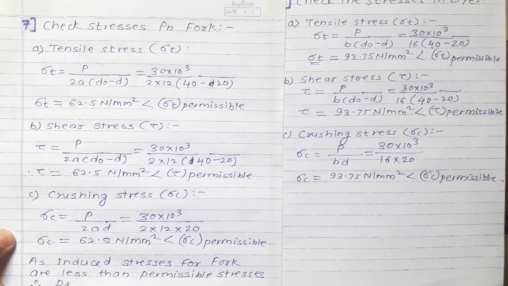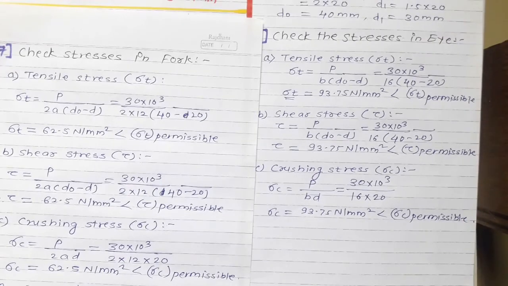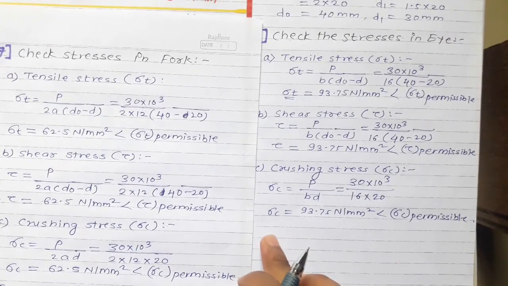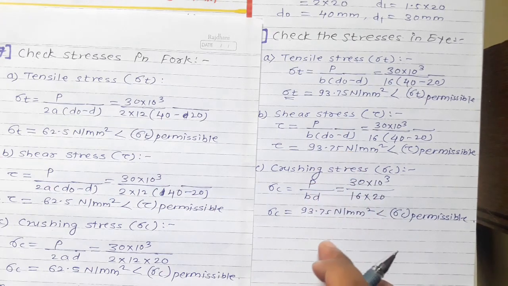Therefore, design of fork is safe. You can write the same statement for this eye as well. So you can write here, as the induced stresses are less than the permissible stresses, therefore the design of eye is safe. You can write it here for eye as well.